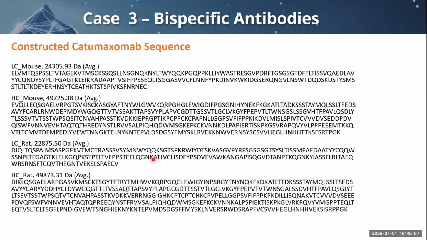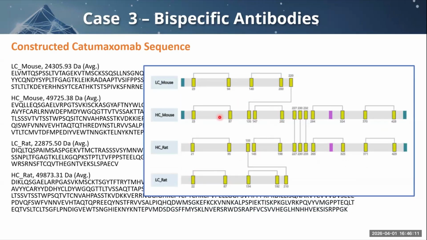From the sequence that we constructed, we're able to get the molecular weights, and so we're able to do our intact analysis to compare if we've got the species paired correctly. And this is the Proteoform Manager sequence inputted with modifications and linkages, and this is for a mouse-rat hybrid.